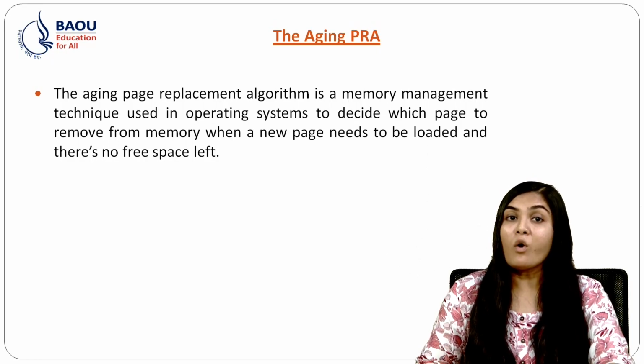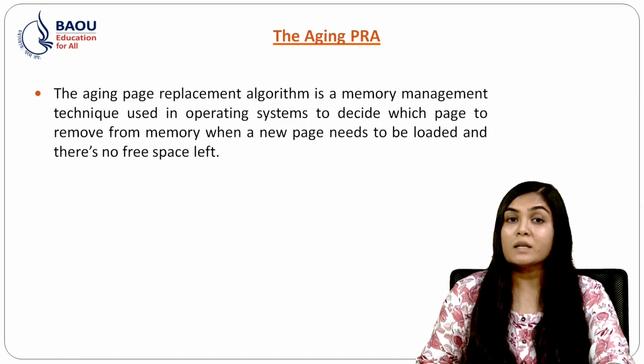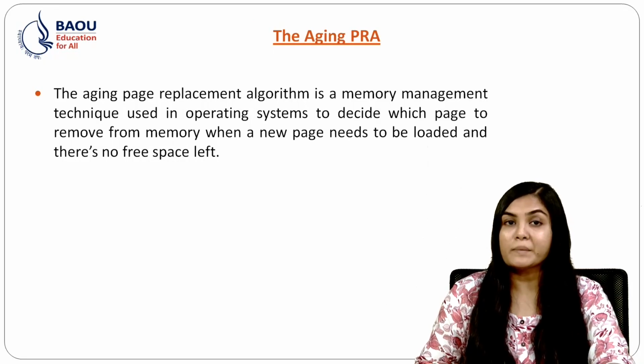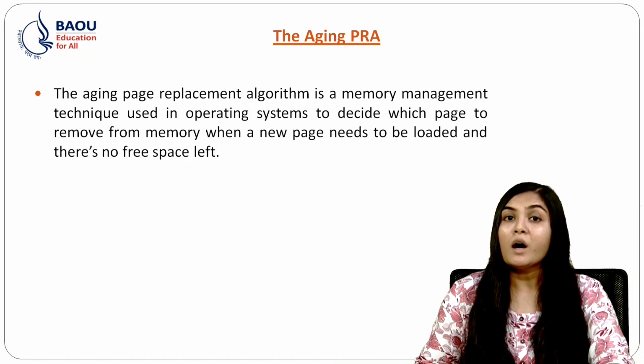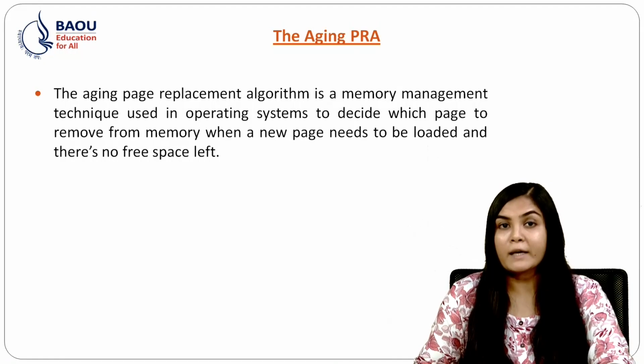At regular intervals, such as each clock tick, these counters are updated. If a page was accessed recently, its age counter will be increased. If not, its counter will be shifted, which will make it older. More recent use makes a page younger, while older unused pages become old and likely to be removed next.